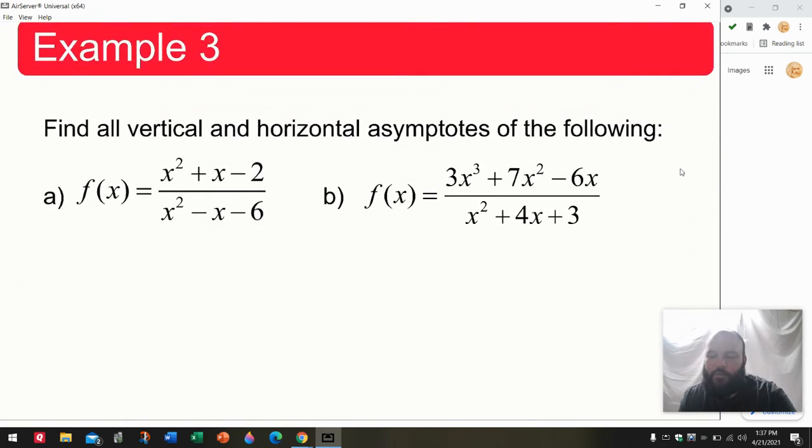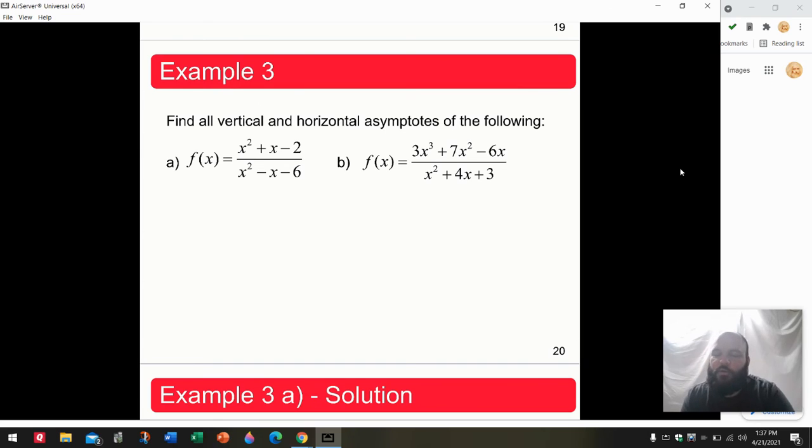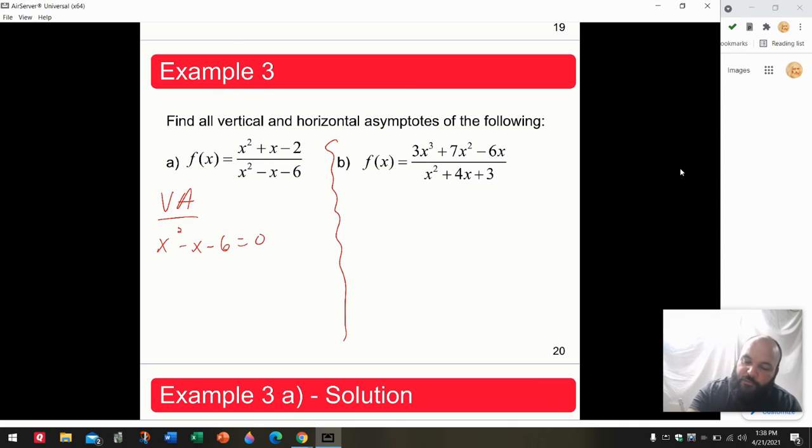So here's a couple more that we want to try. It says find all vertical and horizontal asymptotes of the following. So procedure is still the same. We'll start with vertical asymptote because you always just simply set the bottom equal to 0 and then solve it. Now in this case, this is a quadratic. We should try to factor it first, which it will factor.